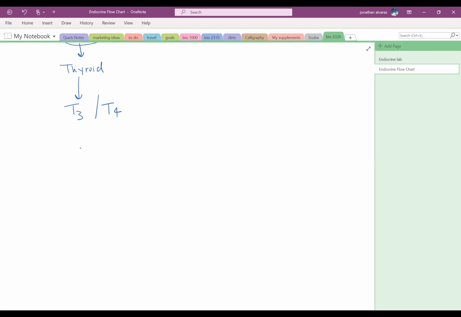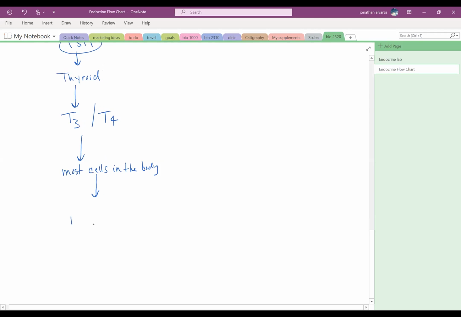These go to most of the cells in the body, and the function is to increase your basal metabolic rate, which means it increases metabolism, and also helps increase protein synthesis.